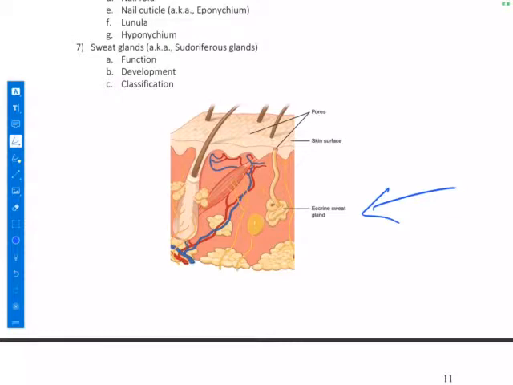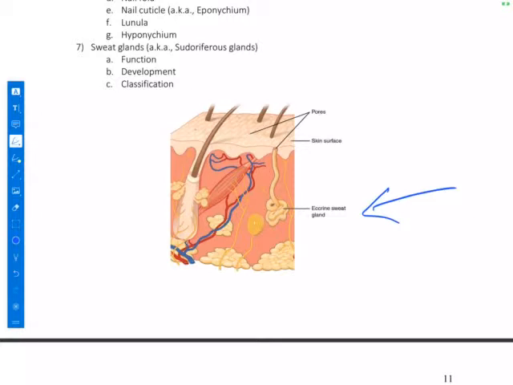It's the mode of secretion. It's a merocrine or eccrine gland that secretes its product through exocytosis. So here's the eccrine sweat gland, and basically the sweat travels up through that duct, and it goes through the pore onto the surface of the skin.